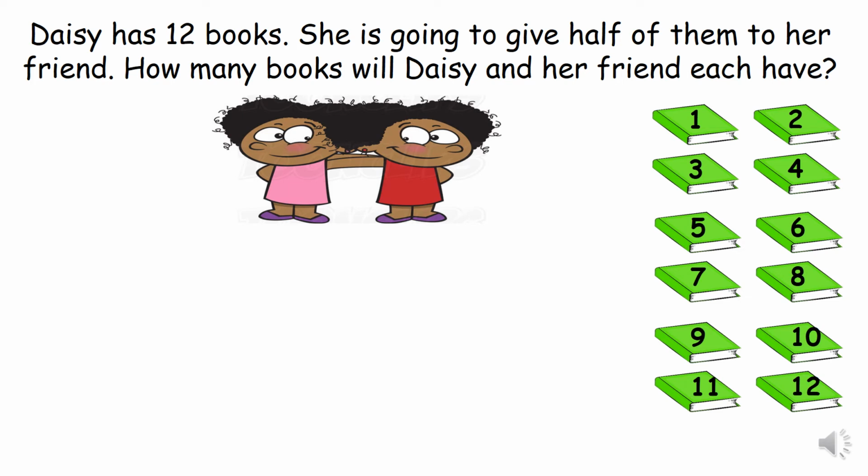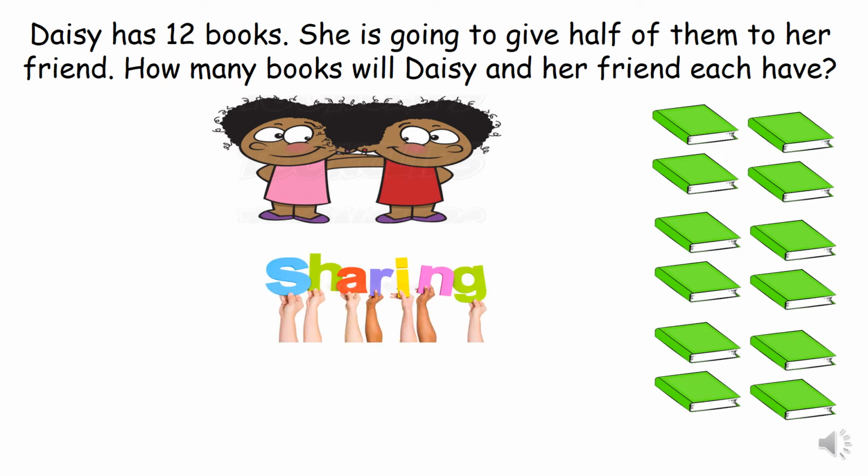So Daisy and her friend are 2 people, and she's going to give half of them away to her friend. I think that means we need to use the sharing strategy because she is sharing her books. She's giving half of them away. Remember, when we find half, we're dividing by 2, and there are 2 people there.